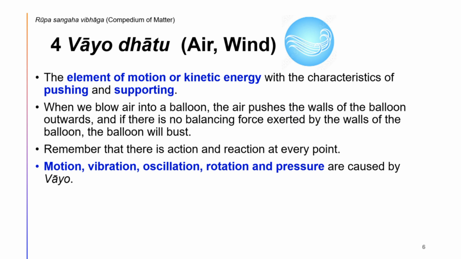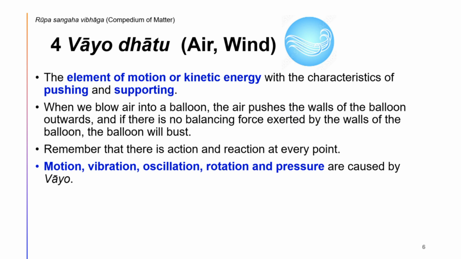So the air element also plays a significant role in balancing the solid thing. Remember, there is an action and reaction at every point. So this is science. When you do too much, a reaction will happen. This is a balancing act of science.